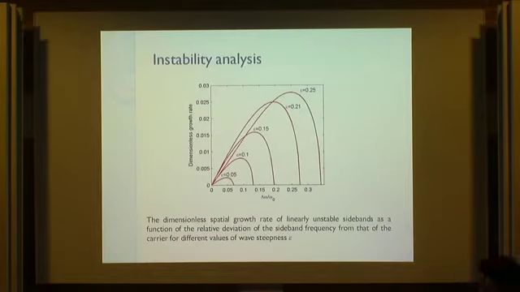And on this picture you can see the dependence of dimensionless growth rate on the frequency step. Here delta omega divided by omega 0, where omega 0 is the carrier wave frequency and delta omega is the frequency difference between carrier and sidebands. Different curves show the dependency of dimensionless growth rate for different steepnesses epsilon, which is A, amplitude, times k, wave number of the carrier waves.